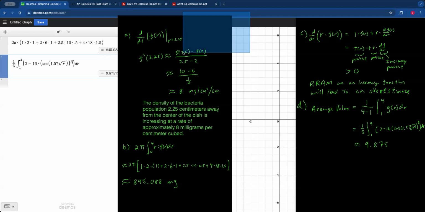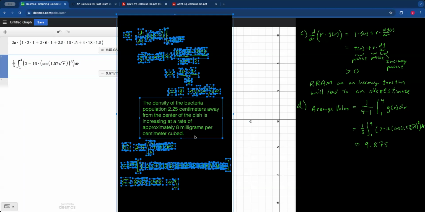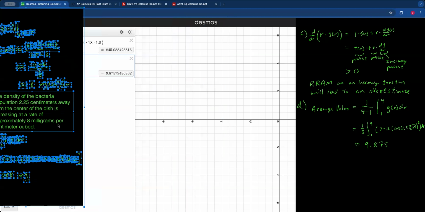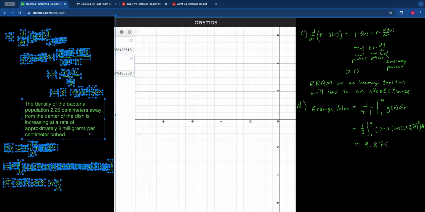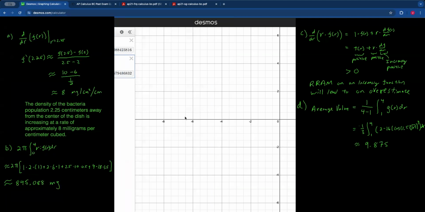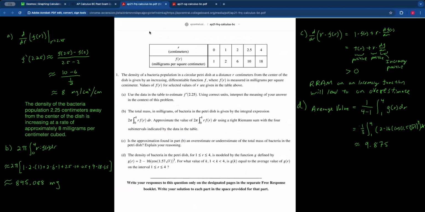I'll move all this back over here. Okay, so that's basically what it's roughly equal to.